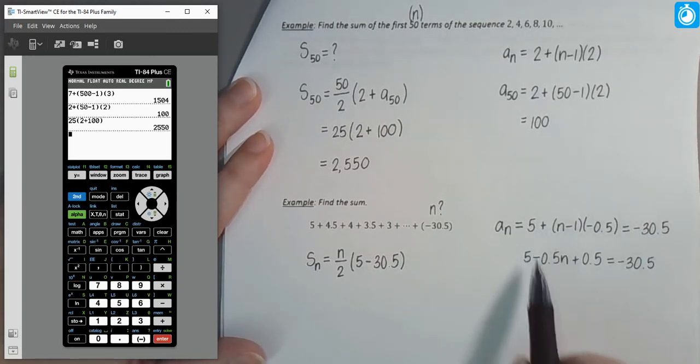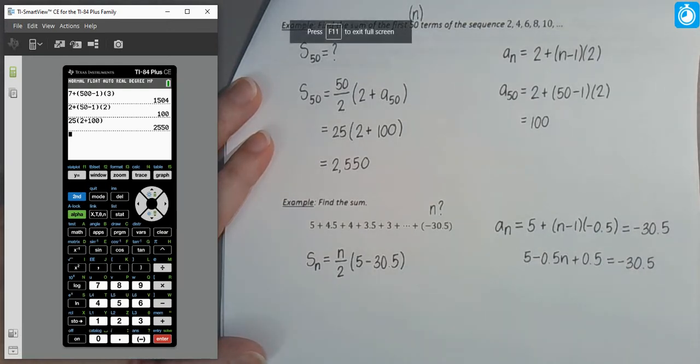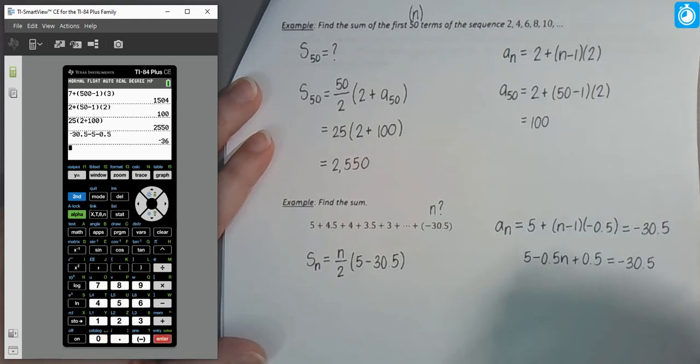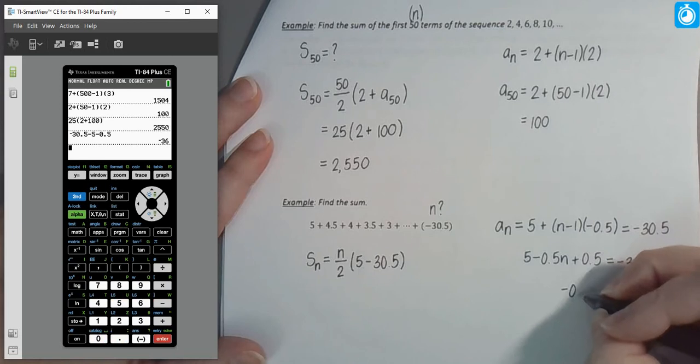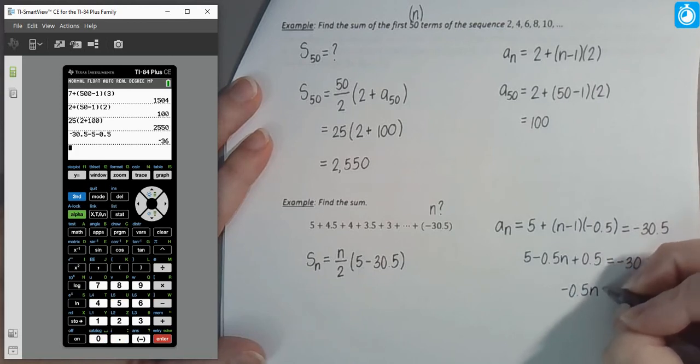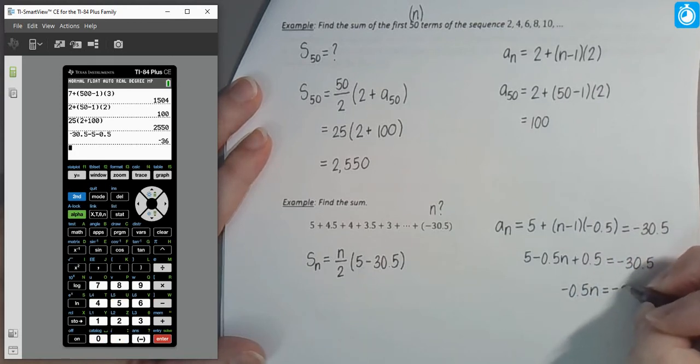Okay, so isolate our n term, move these other two terms, the constants, over to the other side. So on the other side we have negative 30.5 minus 5 minus 0.5. And that's going to give us negative 36. So negative 0.5n is equal to negative 36.